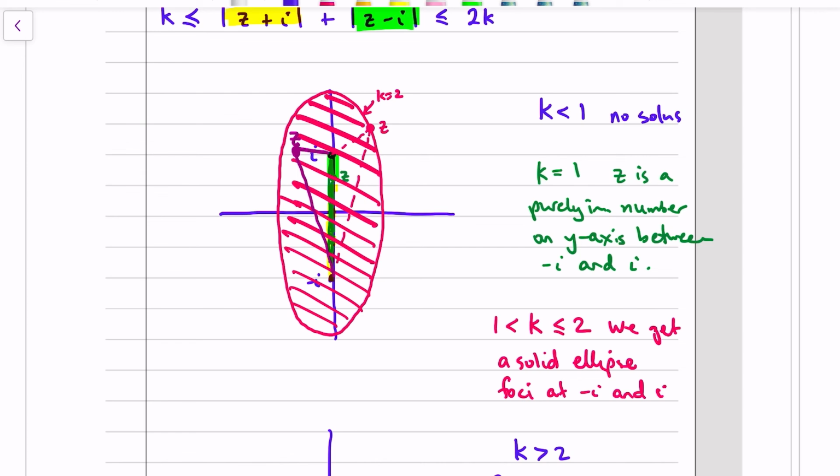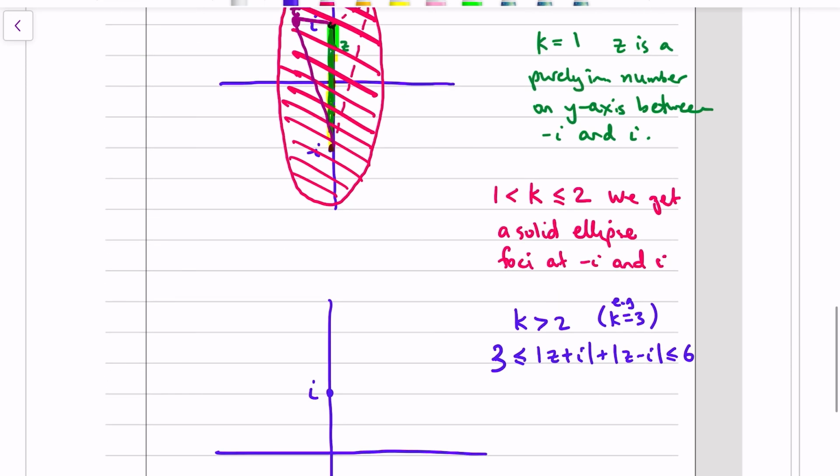As an example, the marking schedule looks at k equals 3, so we'll do that. So if k is 3, then the inequality becomes 3 less than or equal to |z + i| + |z - i| less than or equal to 6.